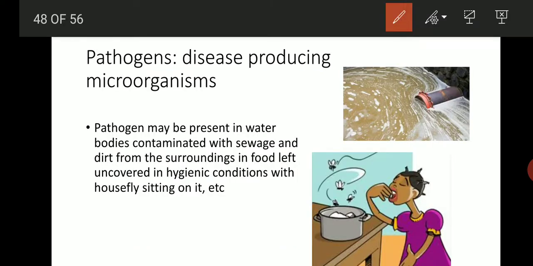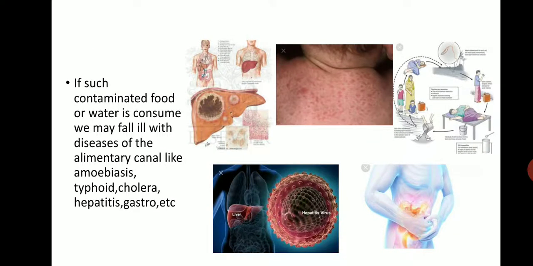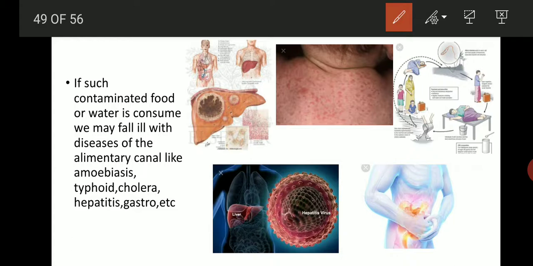Now, the pathogens, disease-producing microorganisms. Pathogens may be present in water, that is, water bodies contaminated with sewage and dirt from the surroundings, and in food left uncovered in unhygienic conditions with houseflies sitting on it, etc. If such contaminated food or water is consumed, we may fall ill with diseases of the alimentary canal.